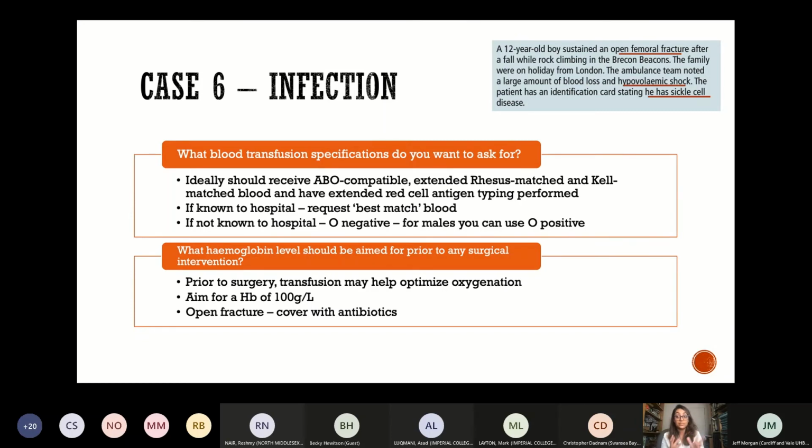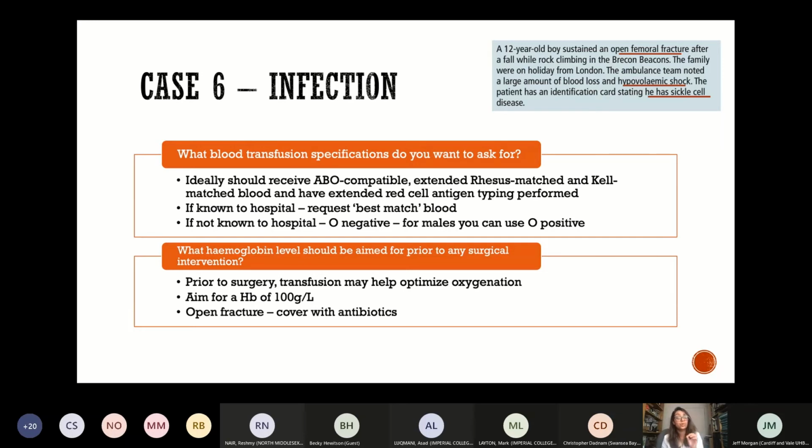Ideally, like we've discussed, you should try and receive ABO compatible, extended rhesus and Kell matched blood, and extended red cell antigen typing should also be performed. If the patient is known to the hospital, then request best match blood from your blood bank. If they're not known to your hospital, as in this case, they're out of area, from London and in the Brecon Beacons, you'll have to go for O negative.